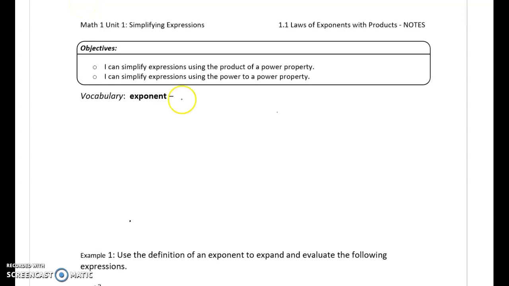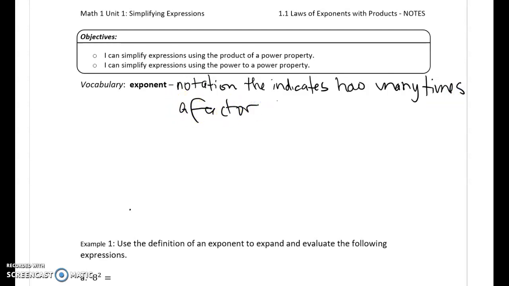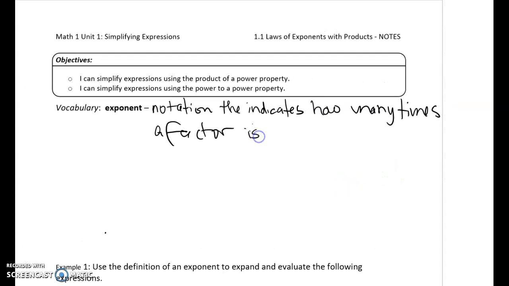An exponent is a notation that indicates how many times a factor is to be multiplied by itself.